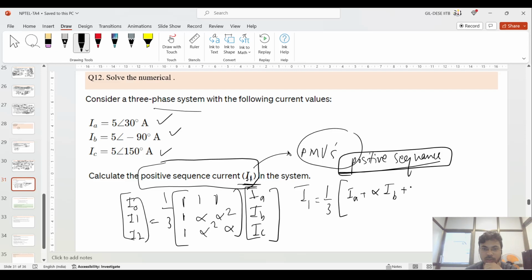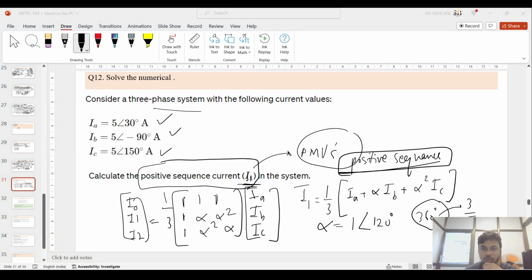From here you can say that I1 is equal to 1 by 3 times IA plus alpha IB plus alpha square times IC. What is alpha here? Alpha is 1 angle 120 degrees, because it is a 360 degree system and you have 3 phases. So 360 by 3 will be 120. So each phase shift will be 120 degrees between the phases. We can use this formula.